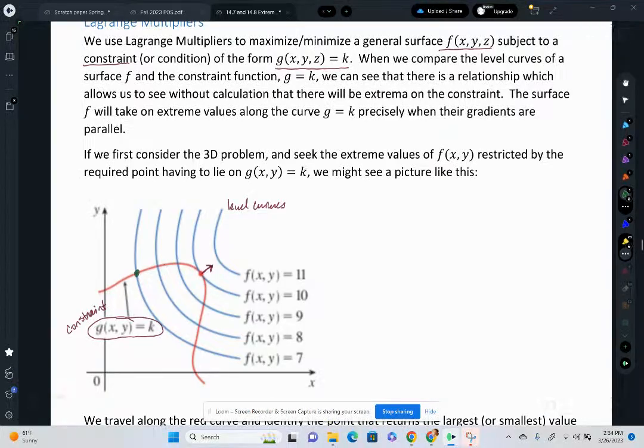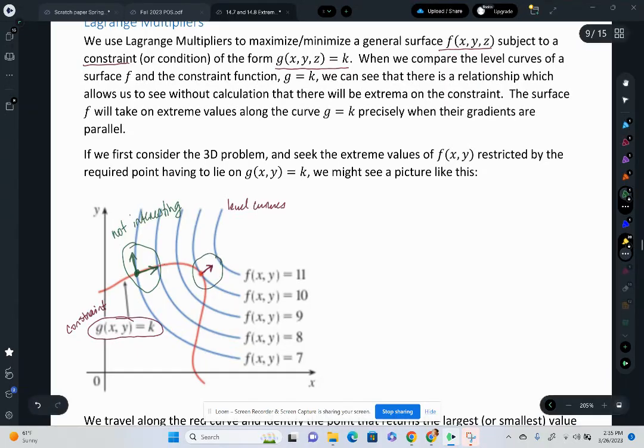So here I have a point where the constraint and a level curve are intersecting, but the gradient vector for the constraint is pointing out, and it actually runs parallel to my level curve, whereas the gradient vector for my level curve is pointing so that it is normal to the level curve, but now it's parallel to the constraint. So that's not the sort of point that we're looking for. This right here is what we would really call not interesting. Like something is going on there, but it's not a maximum or a minimum.